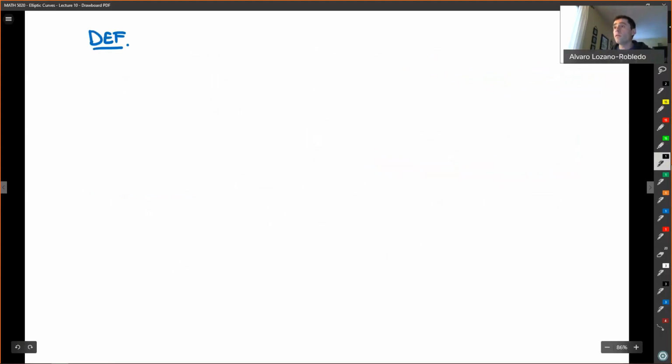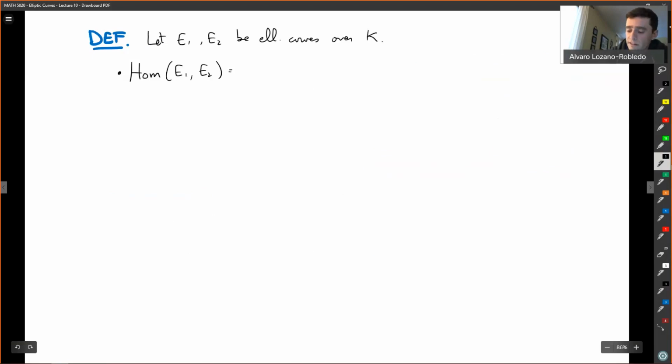Okay, so first of all, we have a group of isogenies. Let E1, E2 be elliptic curves over K. Then Hom from E1 to E2 is the set of isogenies that go from E1 to E2.